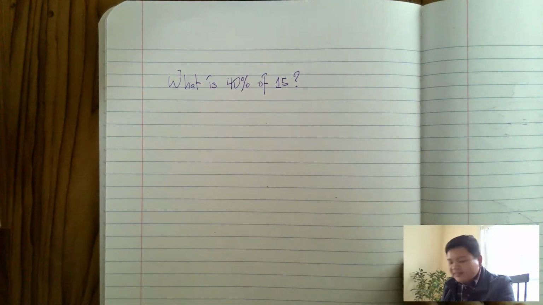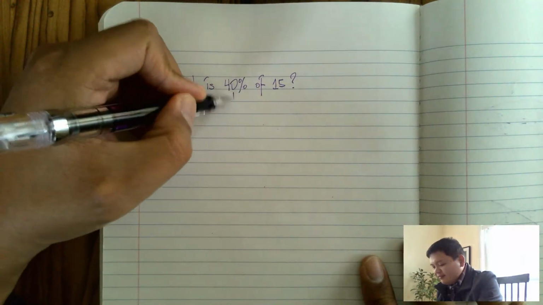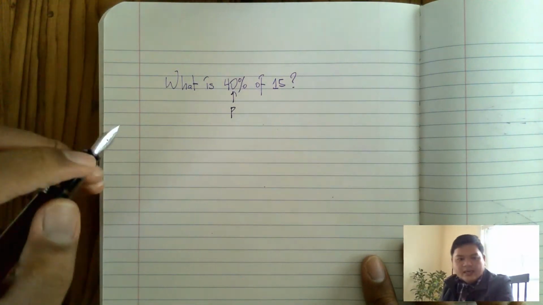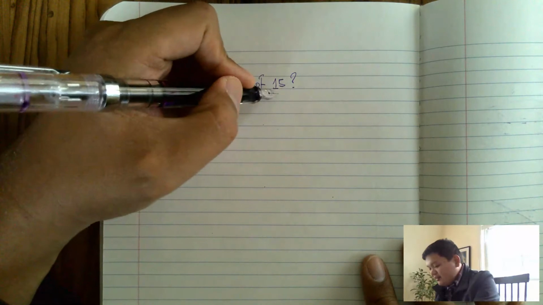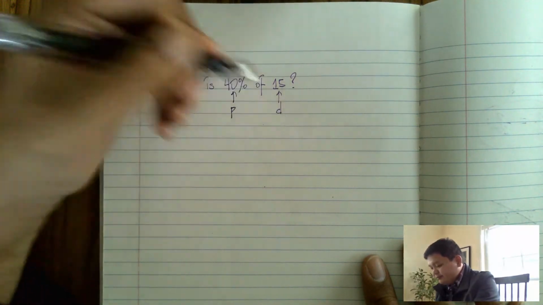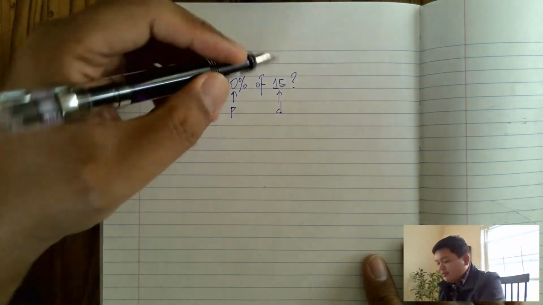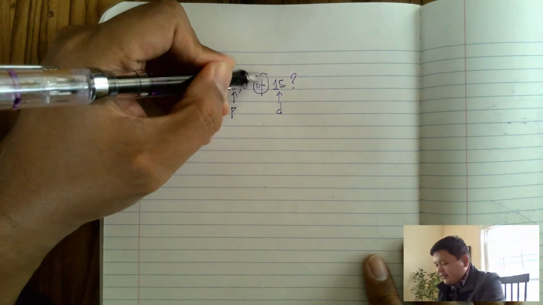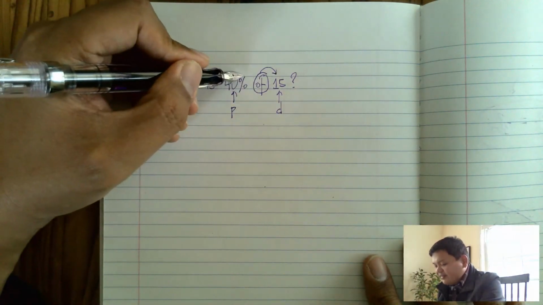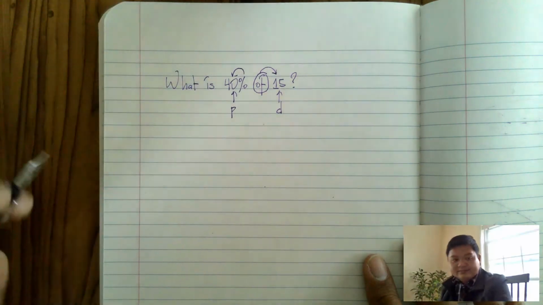You should see that 40 is the percent and 15 is the denominator, based on the words around them. Remember, the word of indicates the denominator and the percent symbol indicates the percent.